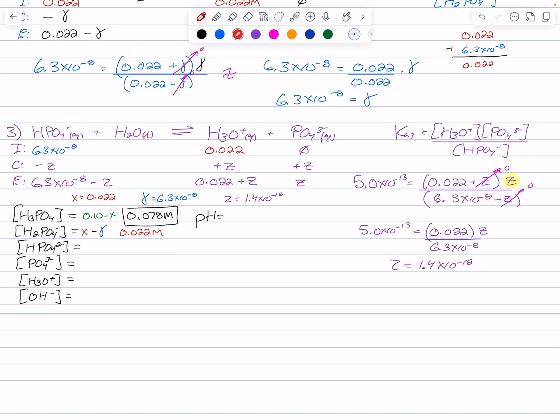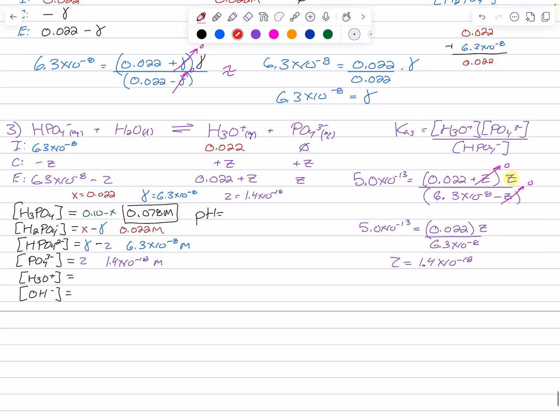Hydrogen phosphate is gamma minus Z. Which is this gamma, which is 6.3 times 10 to the negative 8 molar. Phosphate is Z, which is 1.4 times 10 to the negative 18 molar, which not many of those in solution. Hydronium is going to just be X, all right? That's going to be the case for most of the time, 0.022.